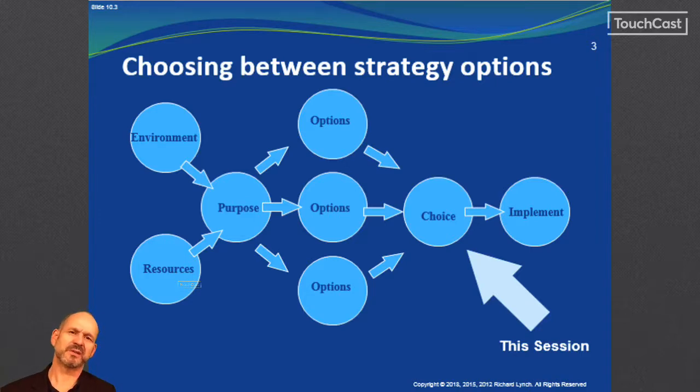So when looking at strategy, we need to understand how business leaders, managers and decision makers are able to evaluate the various strategic options that are available to them in order to determine the most appropriate course of action. Or in other words, how do they actually make the right choices? And remember here that strategy can be either prescriptive or emergent.